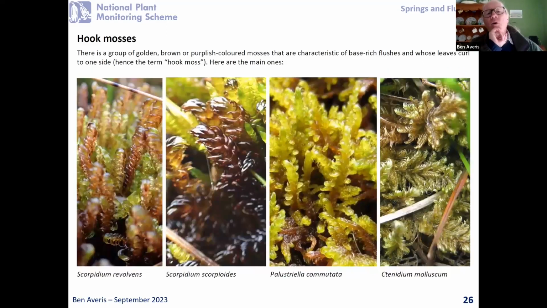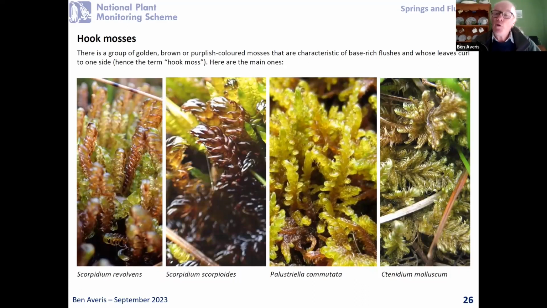And these things, you could call them collectively hook mosses, because the leaves are all curled over to one side. That shows especially well at the tips of the shoots and the tips of the branches. Various species, I won't go into all the details of how to separate them here, but they vary in size. Scorpidium scorpioides is the biggest, a great big chunky thing, often a browny to purpley colour.